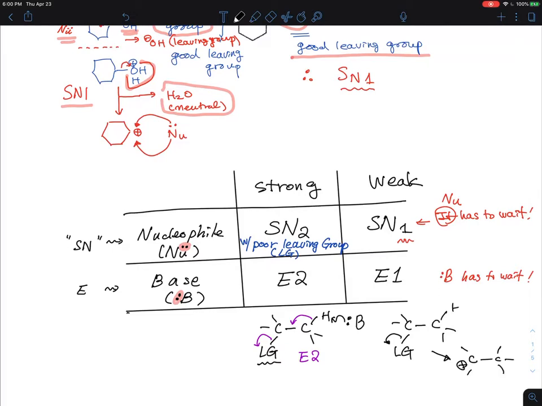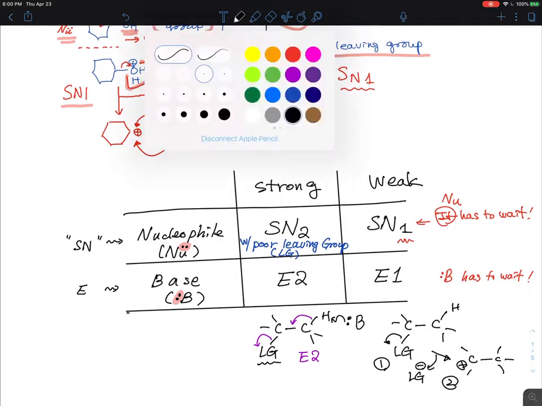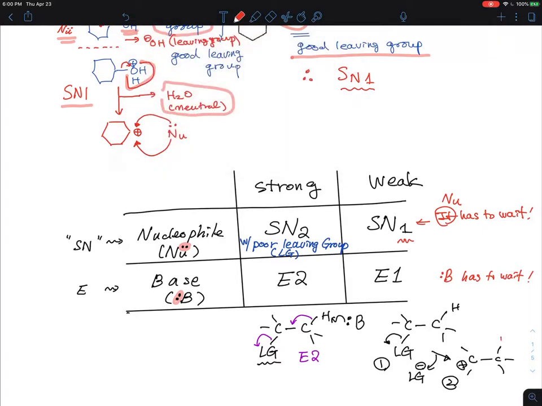And let's say there's a hydrogen. This is the first step. The second step is, once the leaving group has left and the base is weak, it takes this hydrogen, forms the double bond, and you end up with a protonated base.